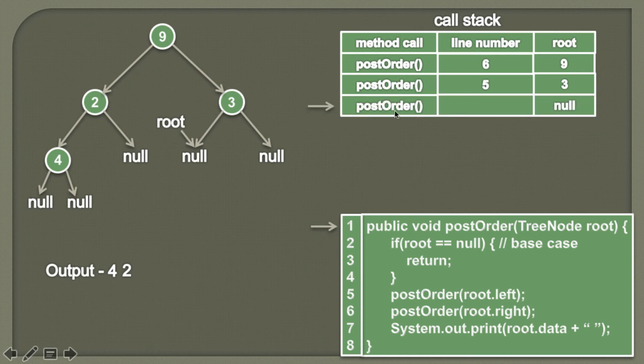So now let's execute this post order method with the root as null. So here we check whether root is equal to null or not. So currently root is equal to null. Therefore we'll simply return from this method. So once we return from this method, we know that this method is executed completely. So it will be removed from the call stack, and point of execution will reach to this post order method.